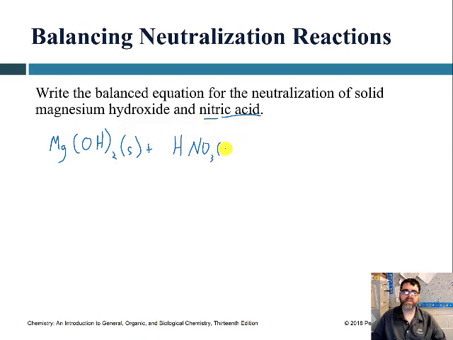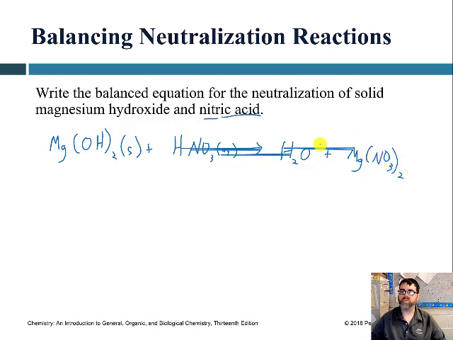Since this is an acid, it's going to be aqueous, it's going to be dissolved, and then we're going to produce a water, H2O, and a salt, which here will be magnesium nitrate. Magnesium again has a 2 plus charge, nitrate has a 1 minus charge, so we're going to need 2 of them.